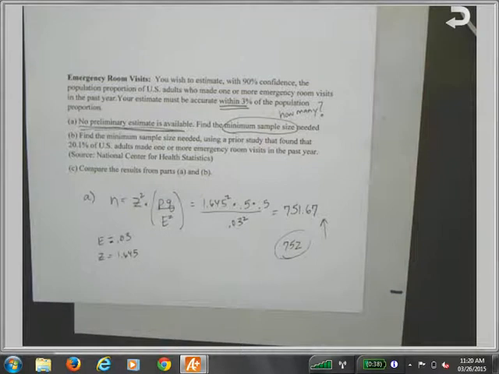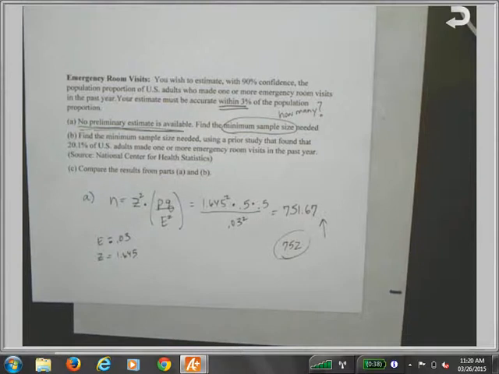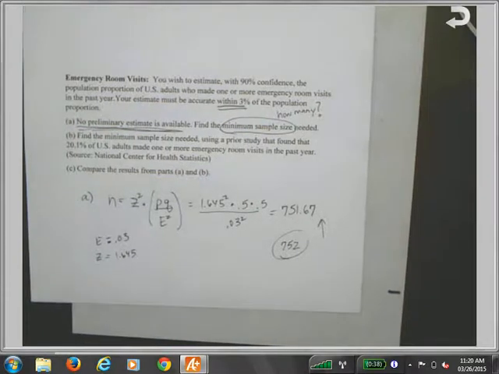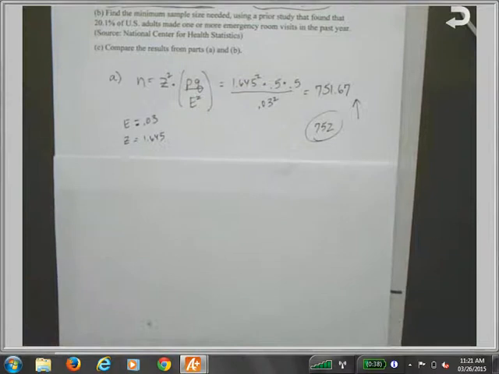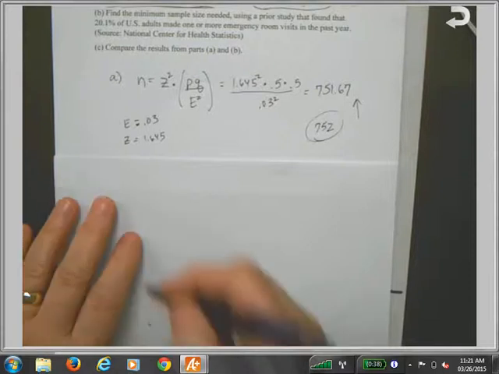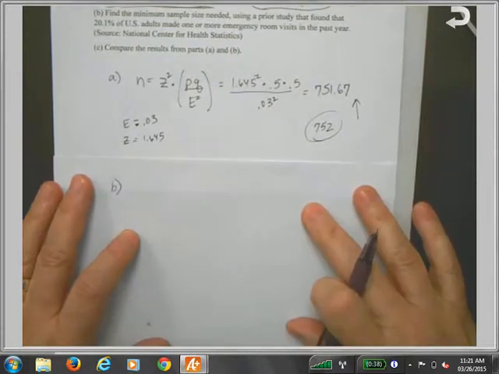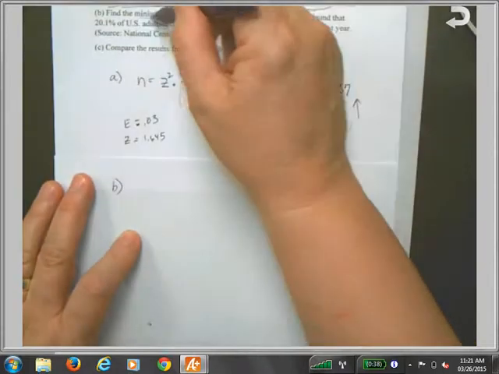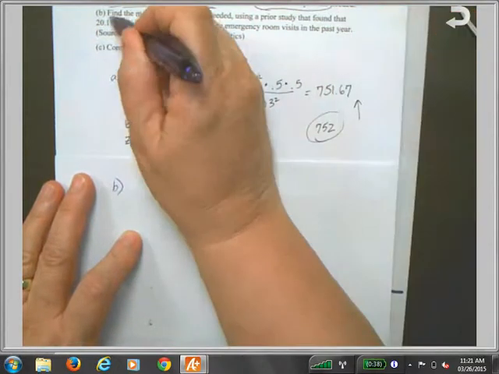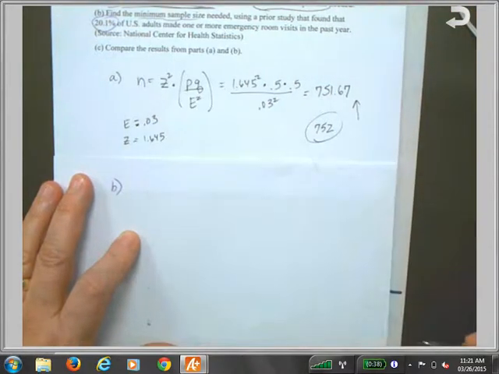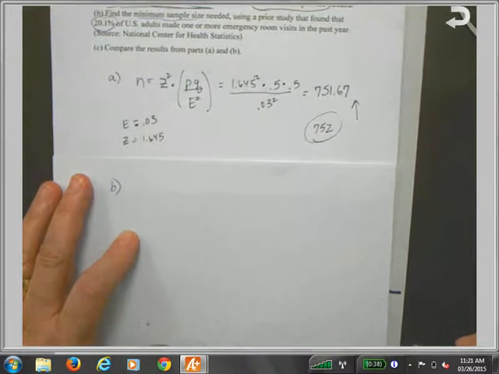Of course, in letter B, they're going to give us an estimate that we can use. So letter B says, we're going to find that minimum sample size again, so we're still looking for N, but we're going to use a prior study that found that 20.1% of U.S. adults made one or more visits to the emergency room in the past year.